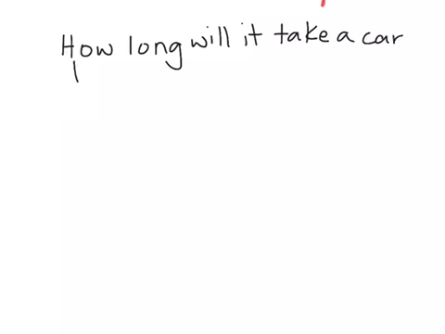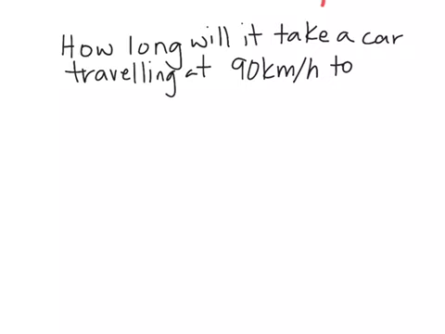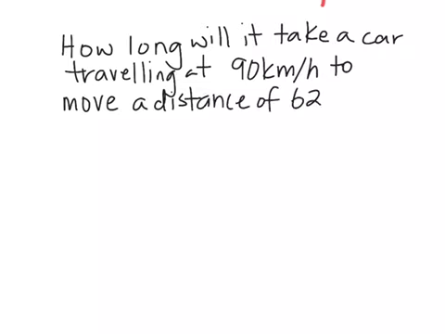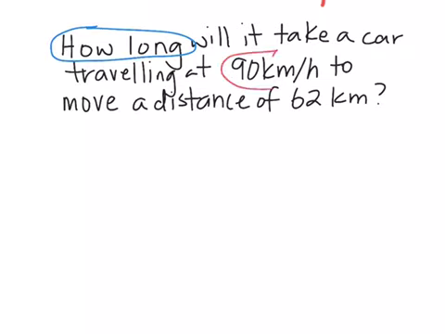So, how long will it take a car traveling at 90 kilometers per hour to move a distance of 62 kilometers. Okay, so in this example, it's asking how long. That implies to us that we are looking for time. We have 90 kilometers per hour, so that's our speed, and we have 62 kilometers, so that's our distance.